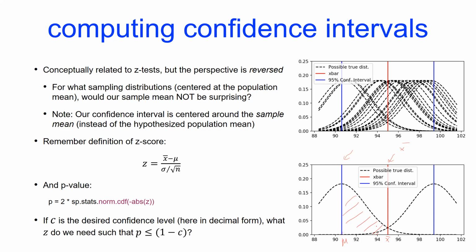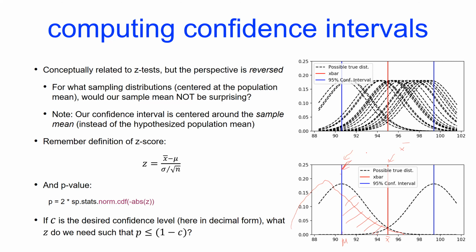Because if this guy moves a little further, then I probably will have a Gaussian like this, and then this will probably fall into what we called the rejection region before. It's going to be too unlikely. You see that?